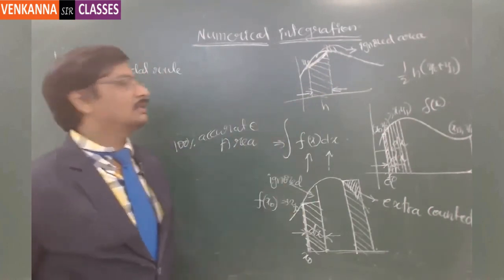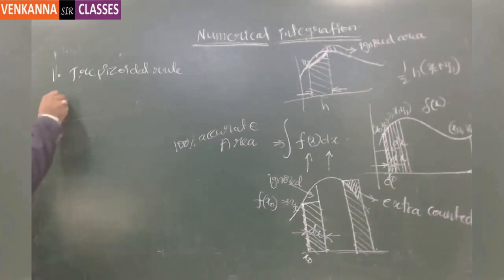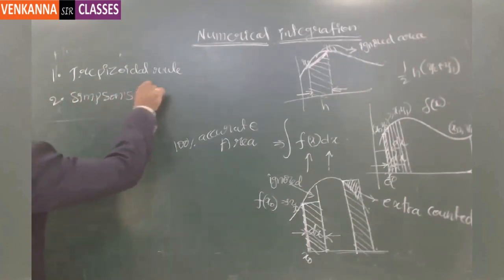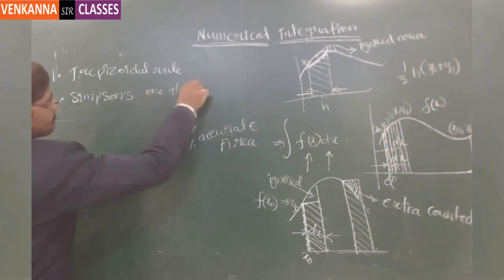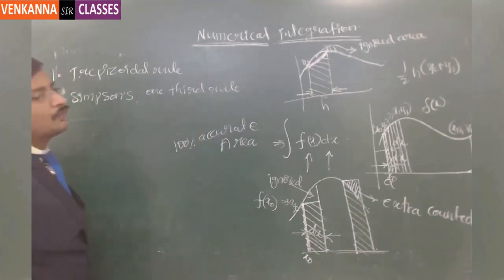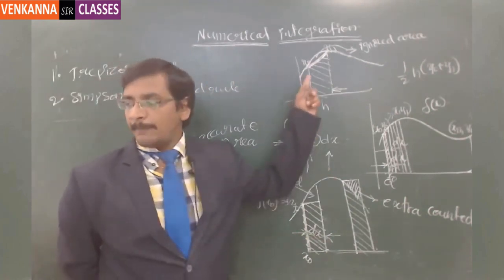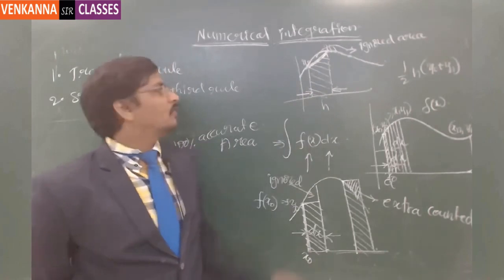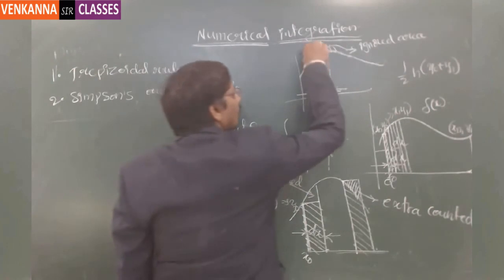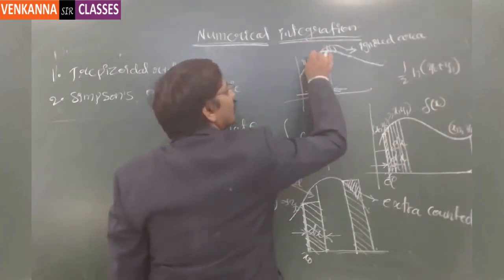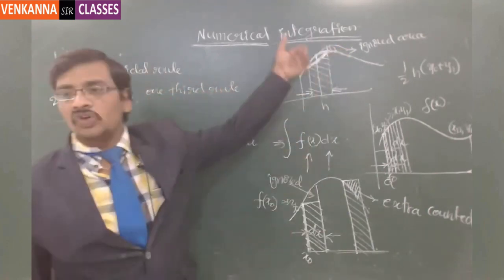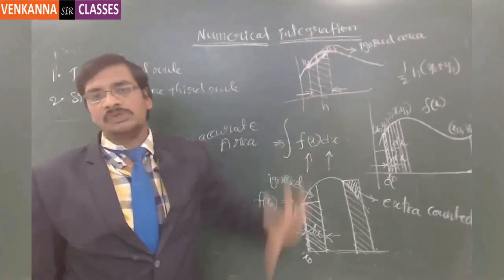And the next one is Simpson's 1/3 rule. In Simpson's 1/3 rule, rather than approximating as a trapezoid, we try to approximate as a parabola. So if I keep one more data point here and approximate the curve like this, the accuracy is going to be increased, but there will still be an associated error.